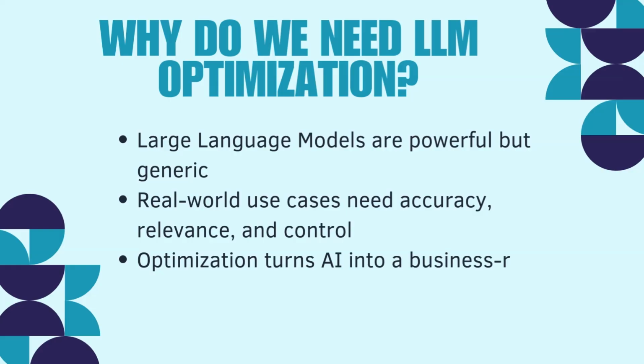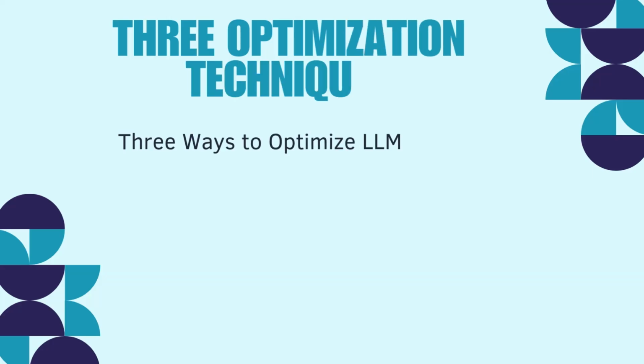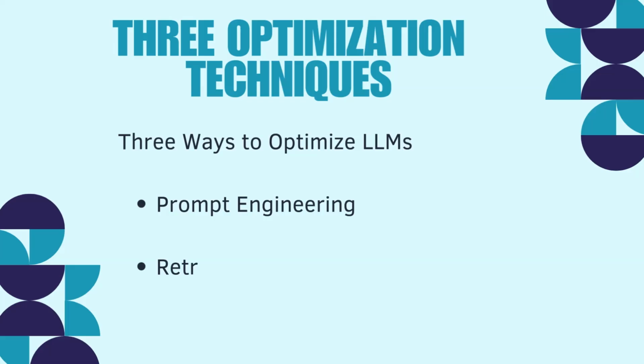Let's dive in. Large language models like GPT are incredibly powerful, but they are not perfect out of the box. If you want to use them effectively in real world applications, especially in enterprises, we need to optimize how they work. That's where prompt engineering, retrieval augmented generation or RAG, and fine tuning come in.